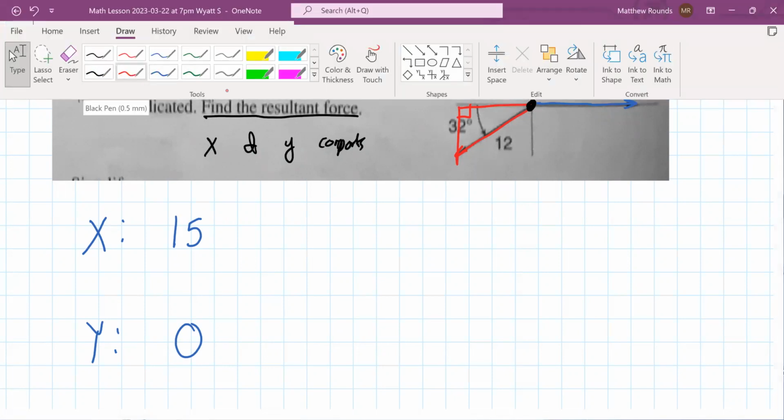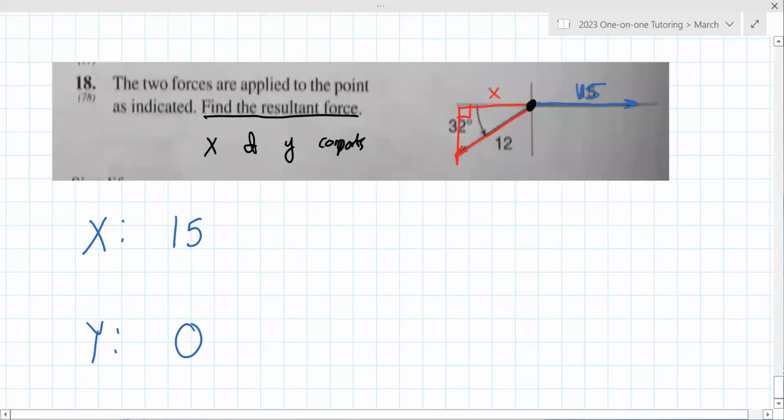Cosine will give you the x in this case. The cosine of 32 is the adjacent over the hypotenuse, so you can solve for x there. It's 12 cosine 32, but it's going to the left, so we make that negative.